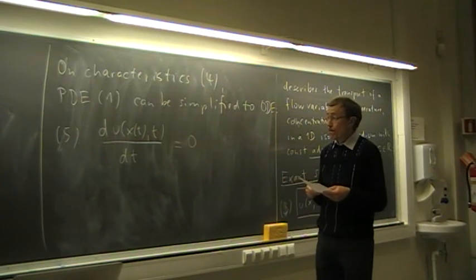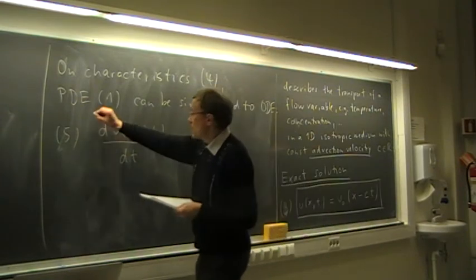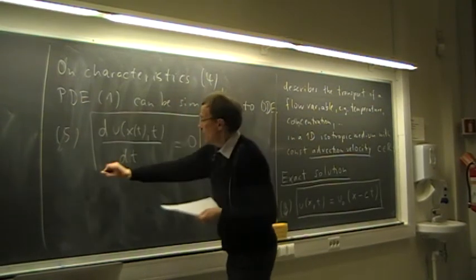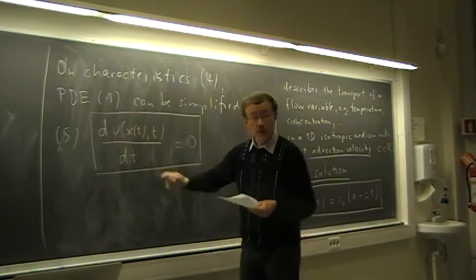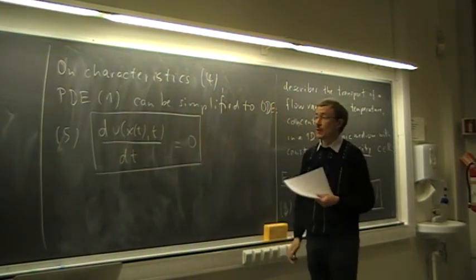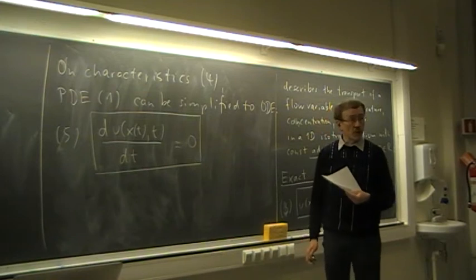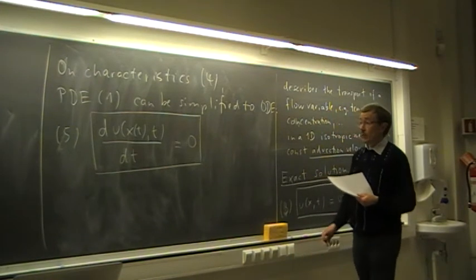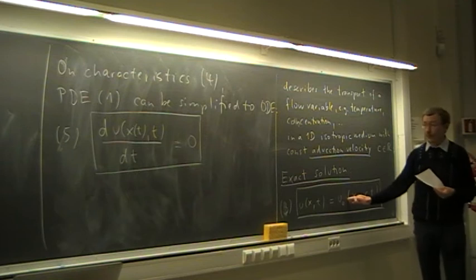And that means that the velocity, if this would be velocity u, or the quantity that is advected, that is constant on characteristics, what we have already seen from the exact solution.